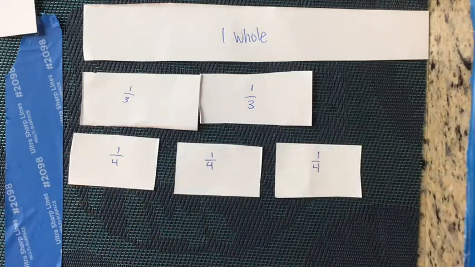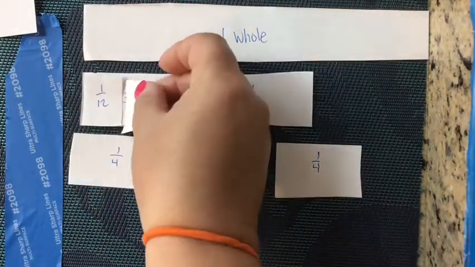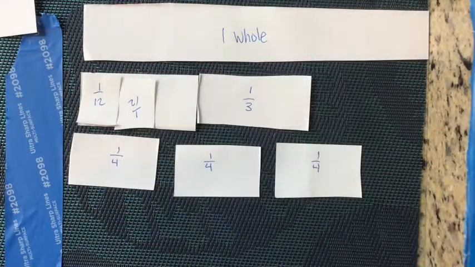Okay, so now we're going to add these together, but they don't have the same denominator. So what we want to do now is figure out our lowest common denominator here, and we can do 12ths.